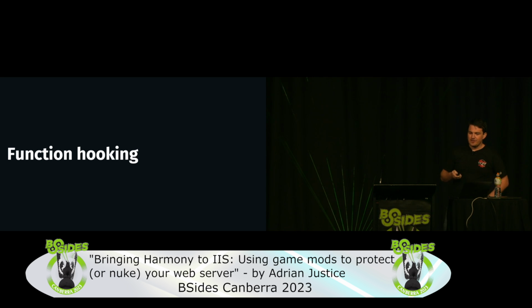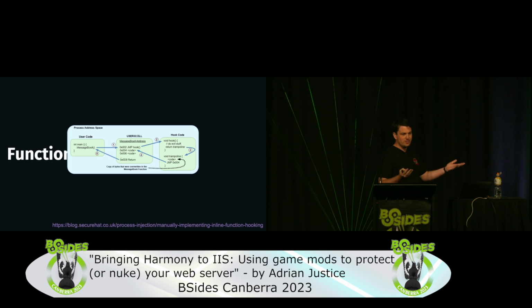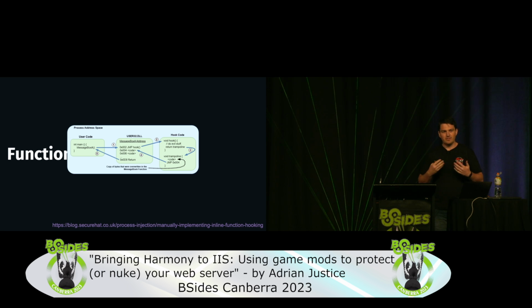The general idea, if you've never seen it before, is to hook a function, you overwrite the first instruction of that function with an unconditional jump out to some code you control. Once you're in that code, you've got access to the stack and the registers that contain the state that was sent to the function being called, and you can now do whatever you want with it. You can write it to a log file, fire off an alert in your EDR, tamper with the parameters, do anything.